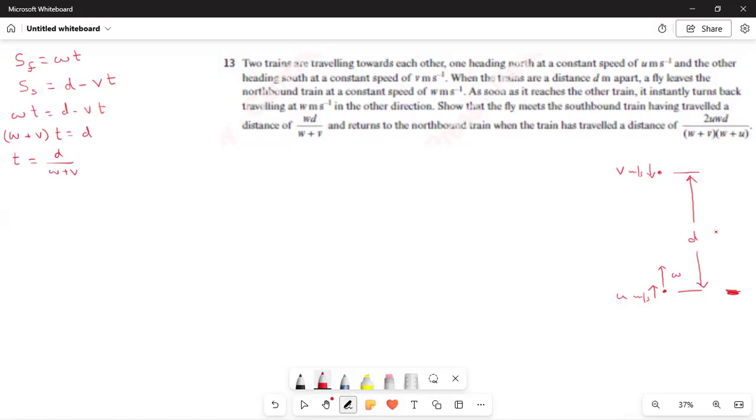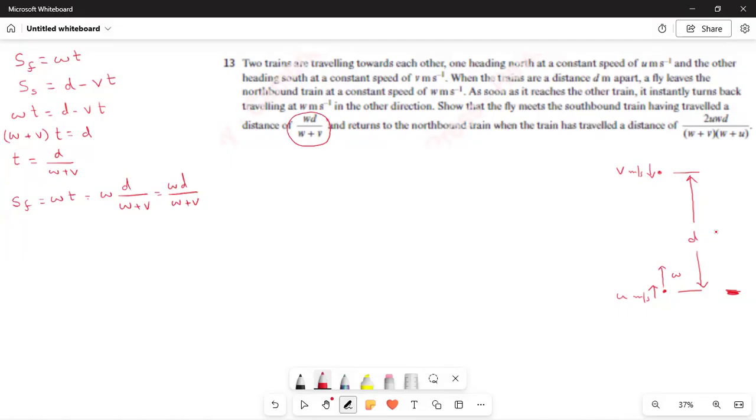Now in this much time, how much would the fly have traveled? The distance traveled by the fly is equal to w into t, and t is given by this expression. So it is w into d over w plus v, so this is wd over w plus v. This is the thing we had to prove over here. So this was easy.